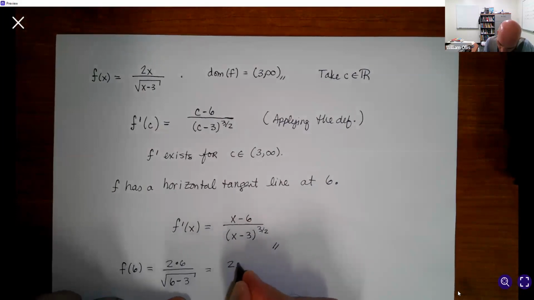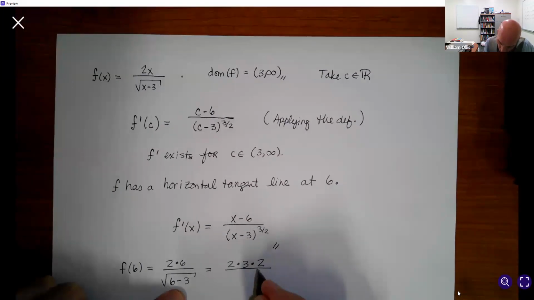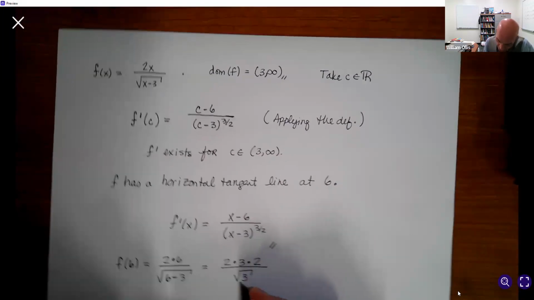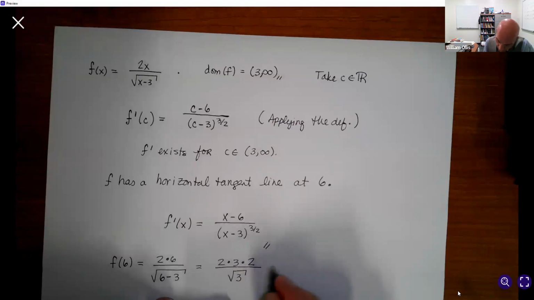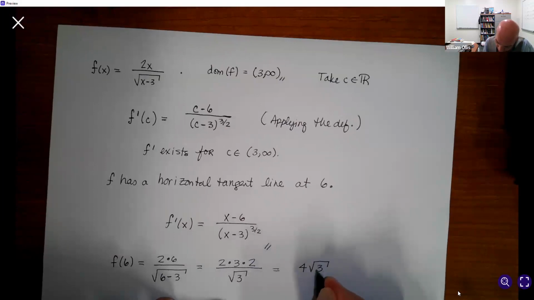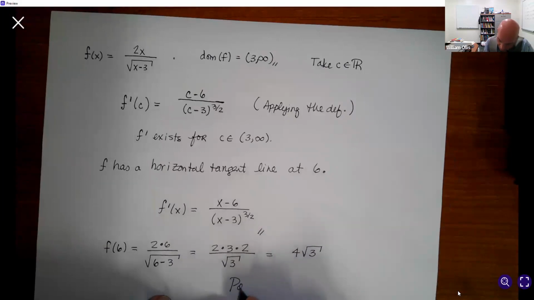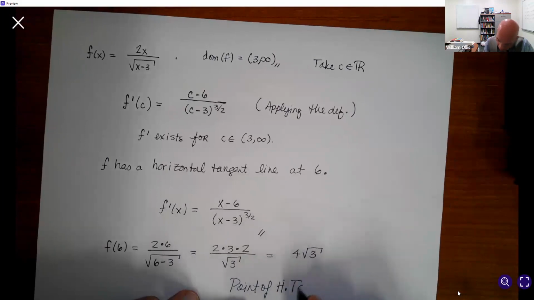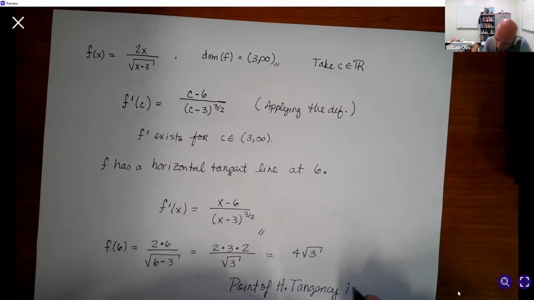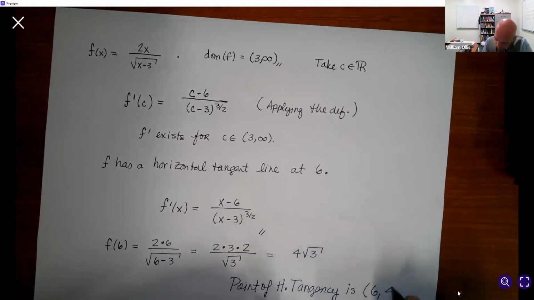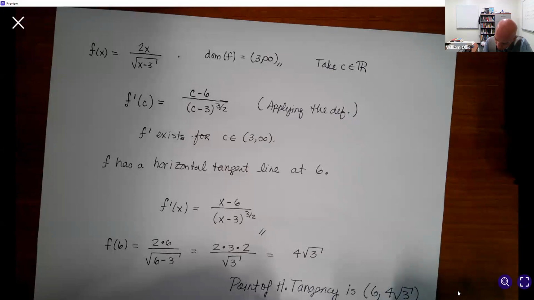So this gives us 2 times 3 times 2, and then the square root of 3 here. So the square root of 3 absorbs into the 3 here, and that gives us 4 times the square root of 3. And so we'll say the point of horizontal tangency, that is the actual point, is (6, 4 root 3), right there.